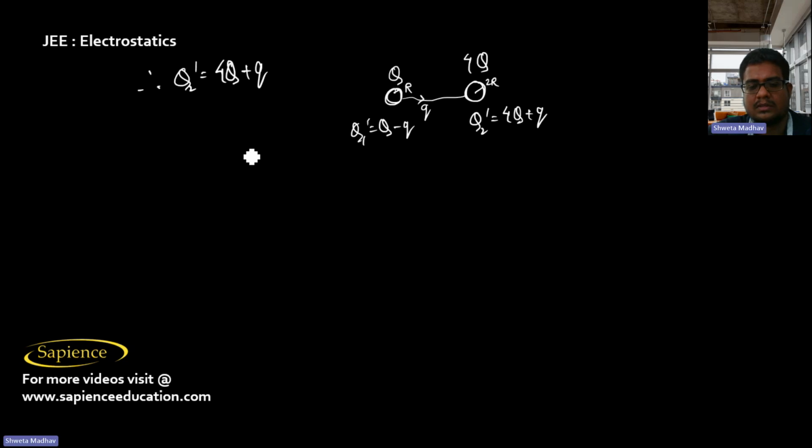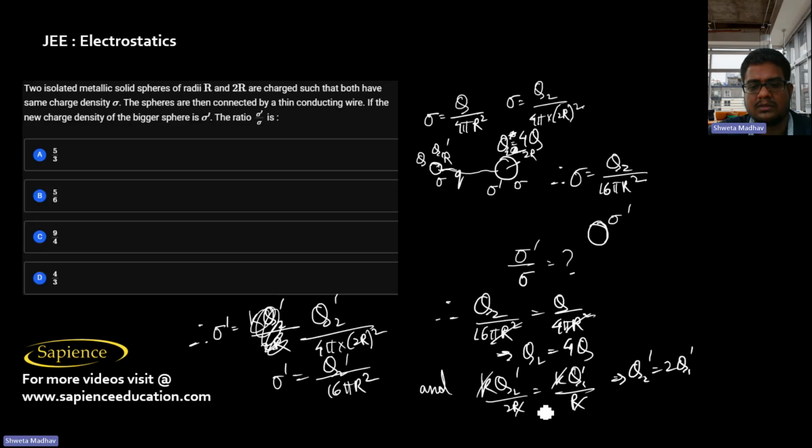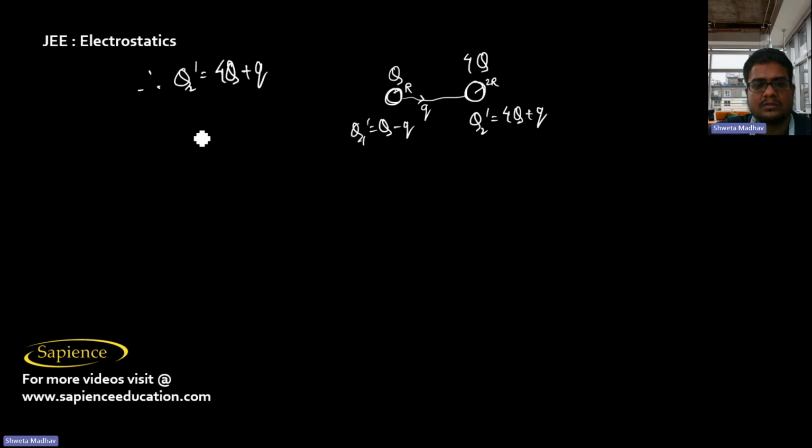Now q2 dash should be equal to 2 q1 dash. So 4q plus Q should be equal to 2 into (q minus Q).